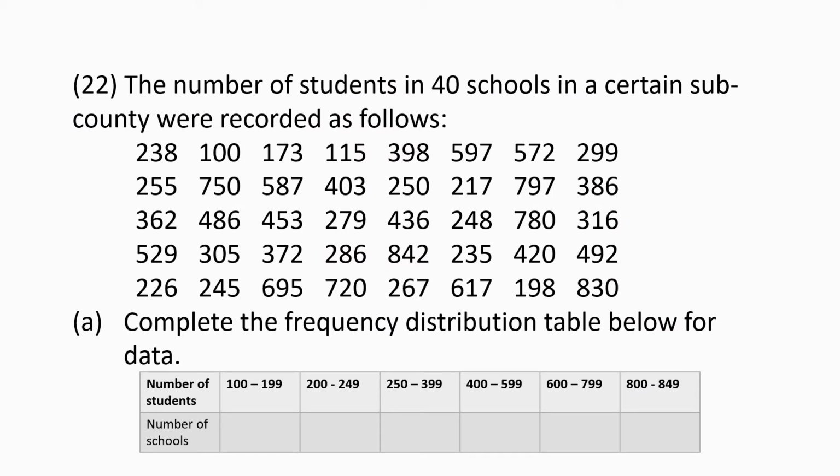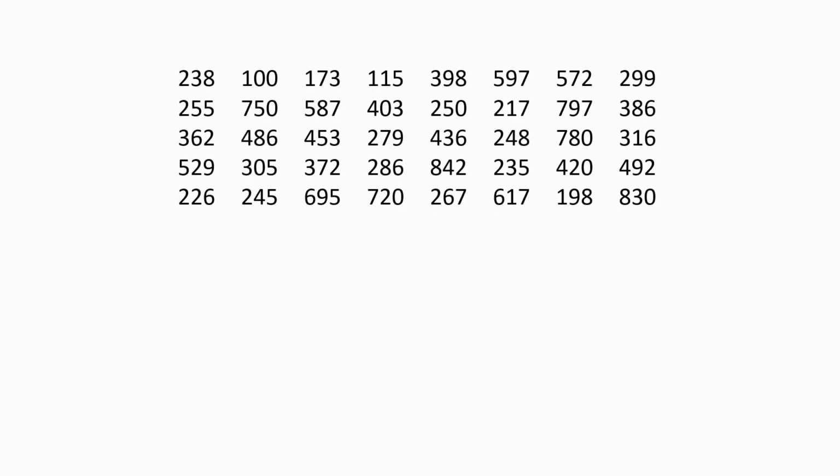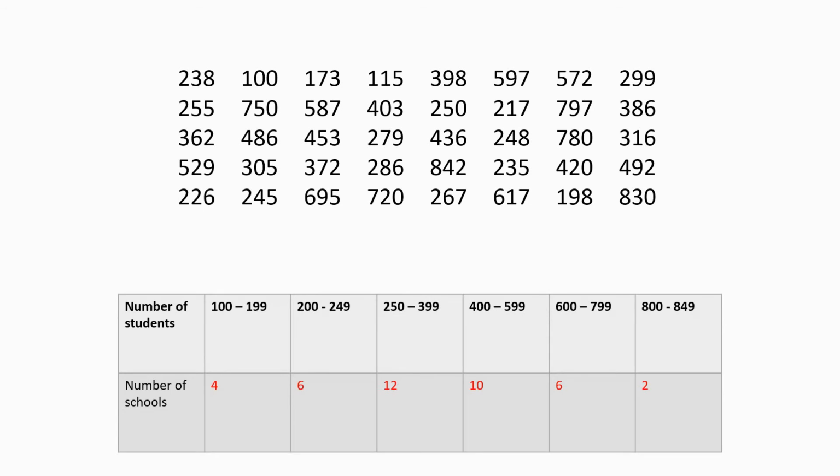Question 22. The number of students in 40 schools in a certain sub-county were recorded as follows. Part A, complete the frequency distribution table below for the data. So we are supposed to use the data we've been given to complete the table. Ideally we just need to tally the respective number of schools that have the number of students as grouped in the table.